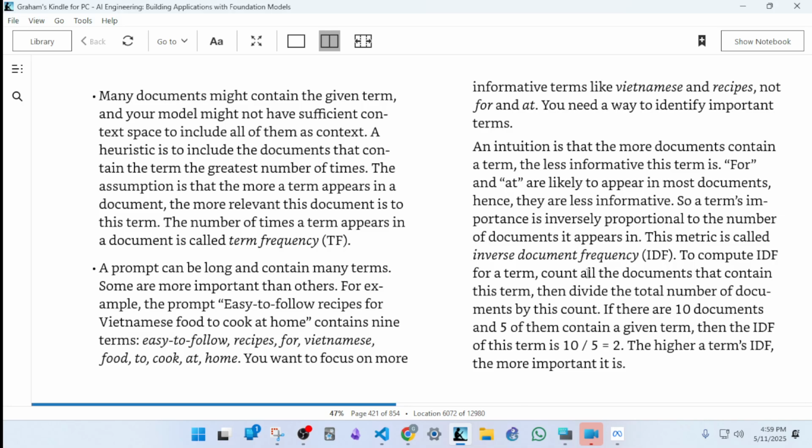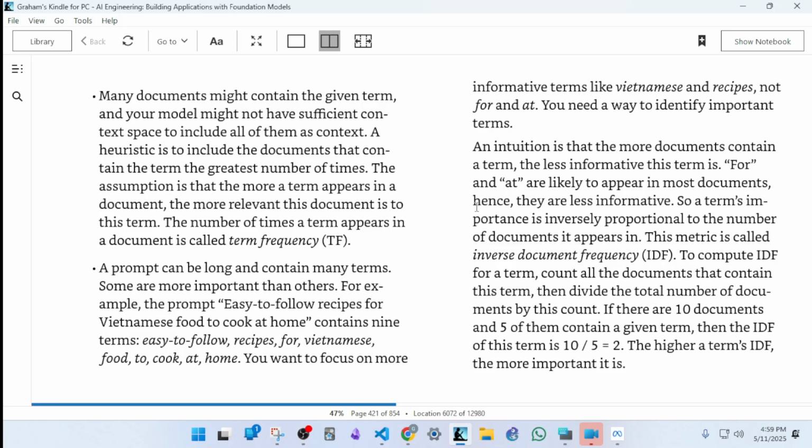So, for example, let's say you have a document about cooking something, and then you have a document about being a lawyer. You could imagine across these two documents the words the, at, that, these sort of common words are probably fairly evenly going to be dispersed between these two documents.